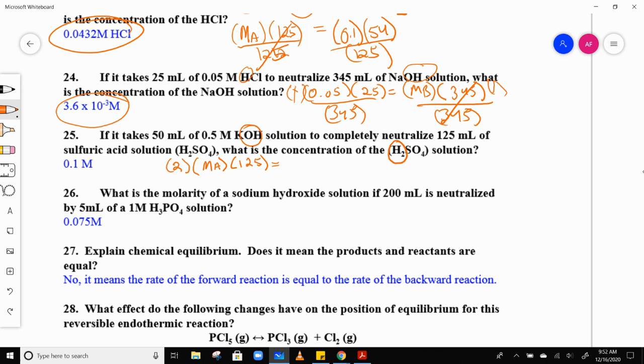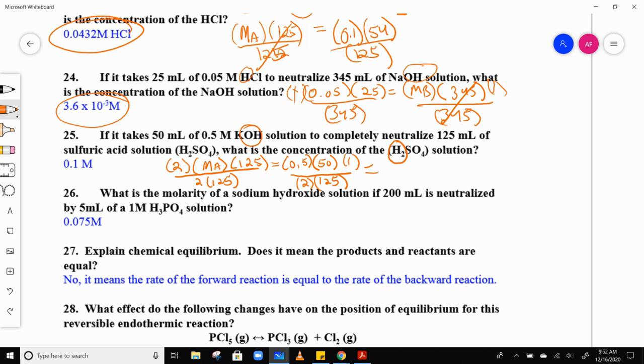The molarity of the base is 0.5, the volume of the base is 50, and the number of OH minuses is 1. We're solving for molarity of acid here, so we divide by 2 times 125, and we should get 0.1.